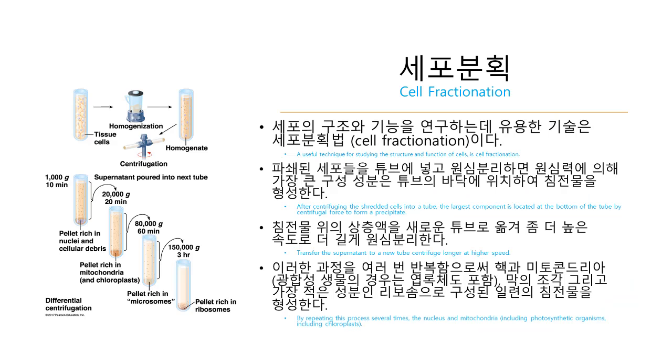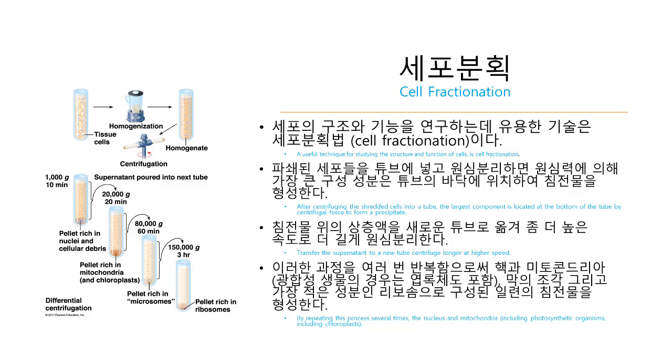Another useful technique for studying cell structure and function is cell fractionation. This takes cells apart and separates major organelles and other subcellular structures from one another. The piece of equipment that does this job is the centrifuge, which spins test tubes holding mixtures of disrupted cells at a series of increasing speeds.